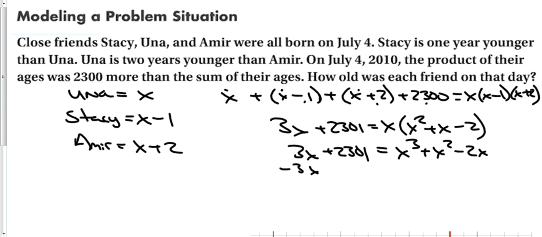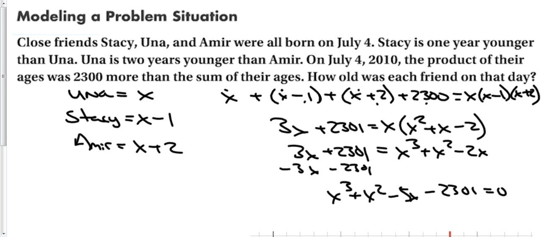Let's bring everything to the right-hand side, so that way I can keep x to the third positive. Okay? So we have x to the third plus x squared minus 5x and minus 2301. That's set equal to 0.